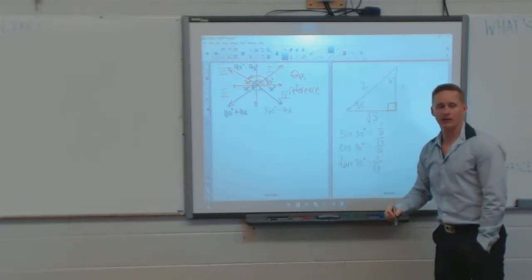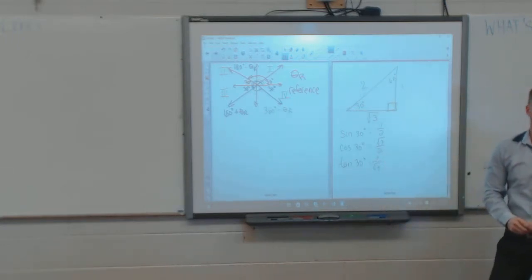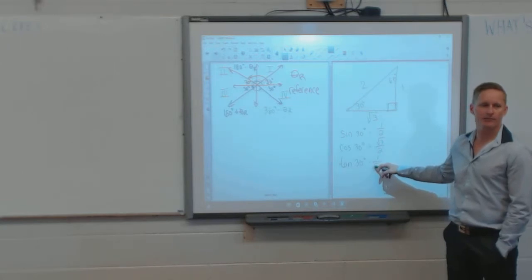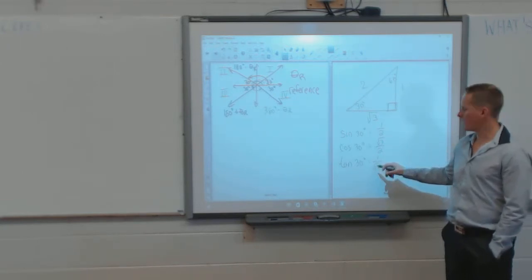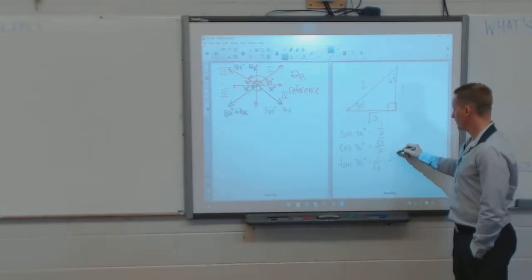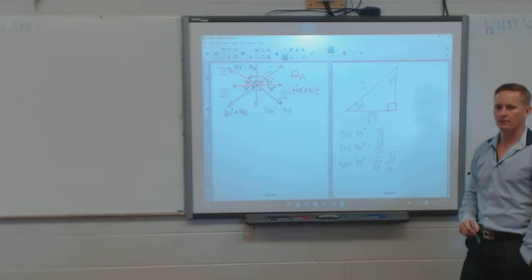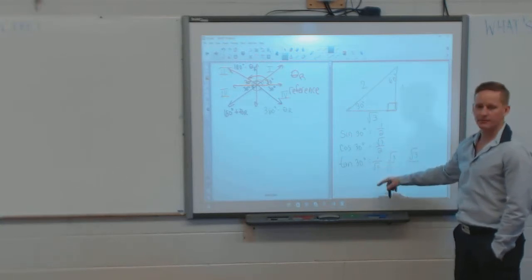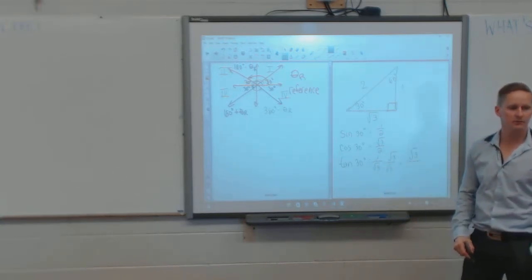Now, last year we learned how to rationalize the denominator. Remember what rationalizing meant? It meant we don't want that root 3 on the bottom, right? So how did I get it so there wasn't a root 3 on the bottom? Times by root 3 over root 3. Square root 3 on top over root 3 times root 3, which is?